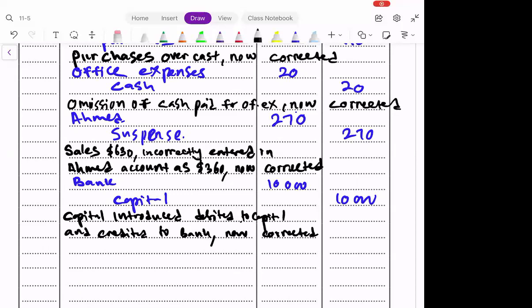Capital introduced debited to capital and credited to bank, now corrected. The black color explanation, you can write whatever you want as long as you explain what's going on. Next one.